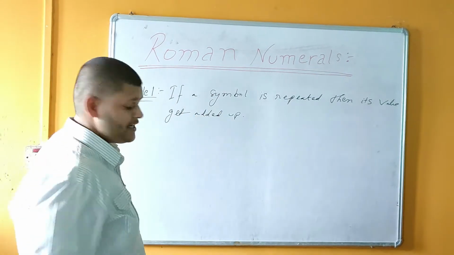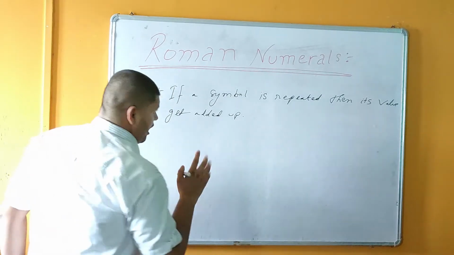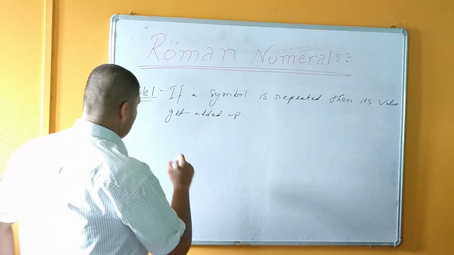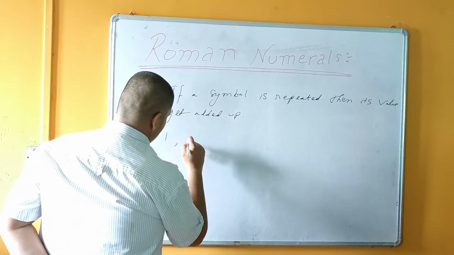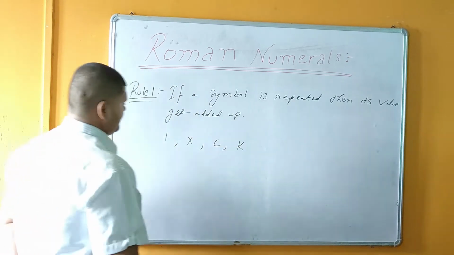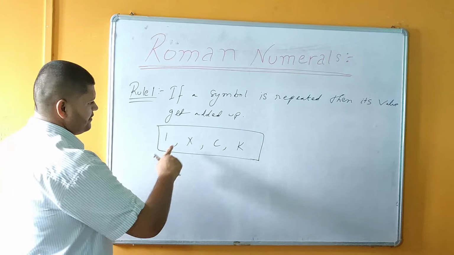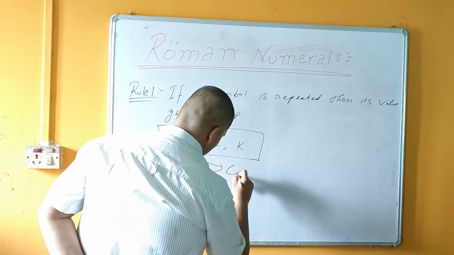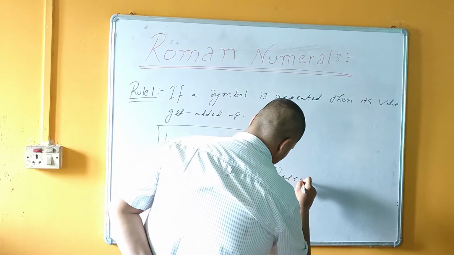You may have understood this statement, but it will be clear with the help of an example. Out of the 7 distinct symbols, the symbols which you can repeat are I, X, C and K. These are the 4 symbols that can be repeated.